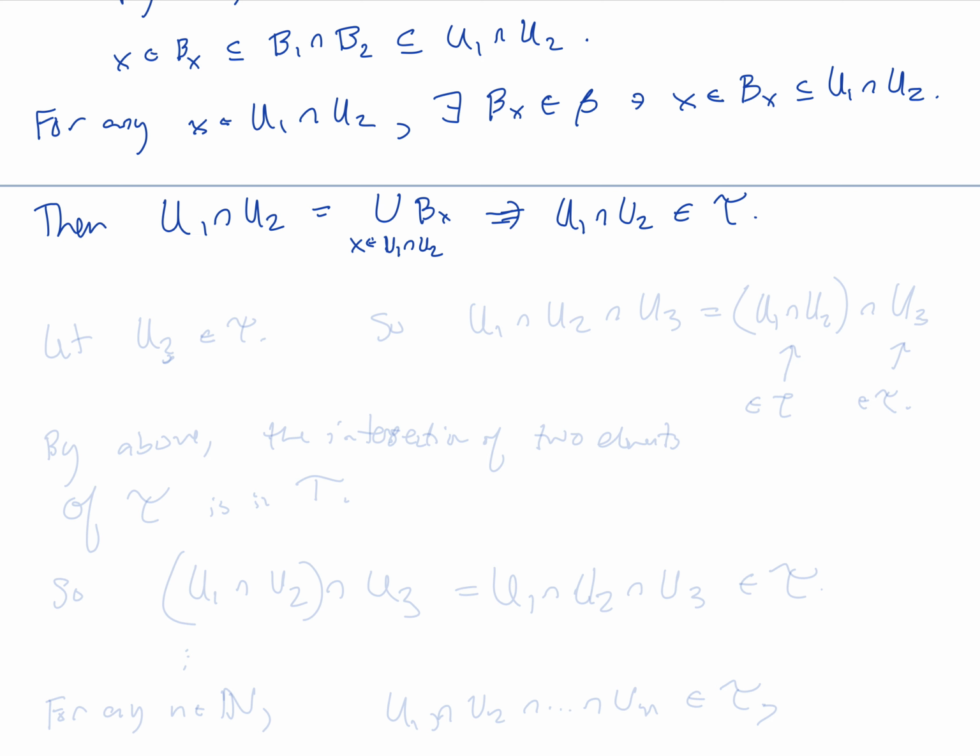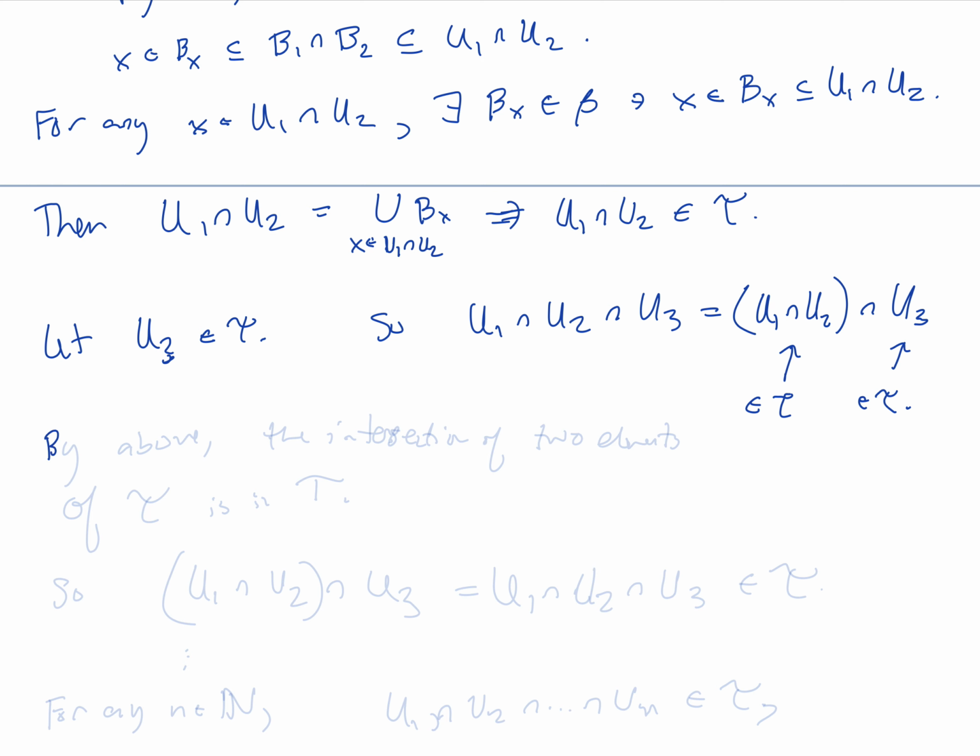So now we can proceed by induction. Let U3 be an element of tau. Now for U1 intersected with U2 intersected with U3, we could do some associating. We already showed that the intersection of two open sets is in tau. So U1 intersected with U2 is an element of tau, and U3 is an element of tau.